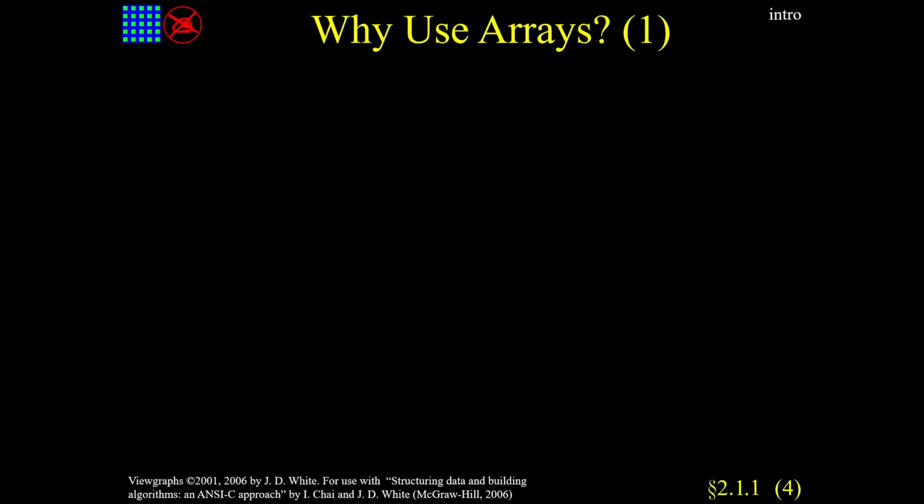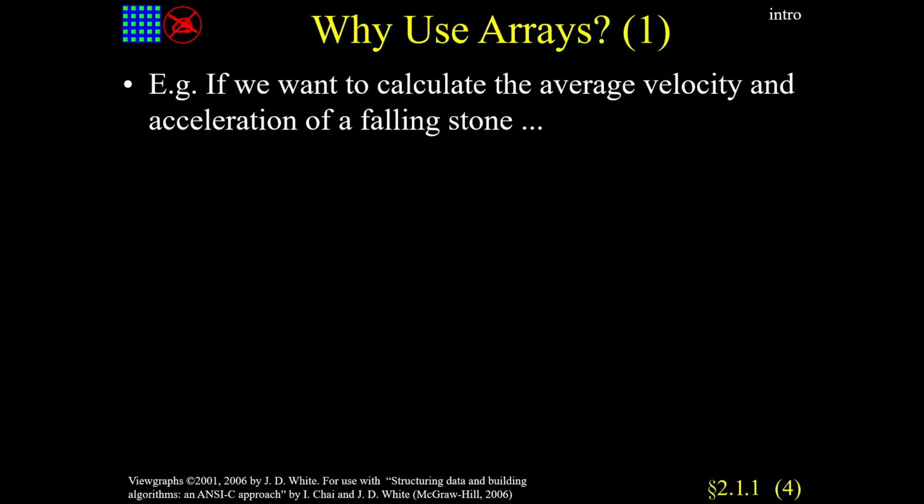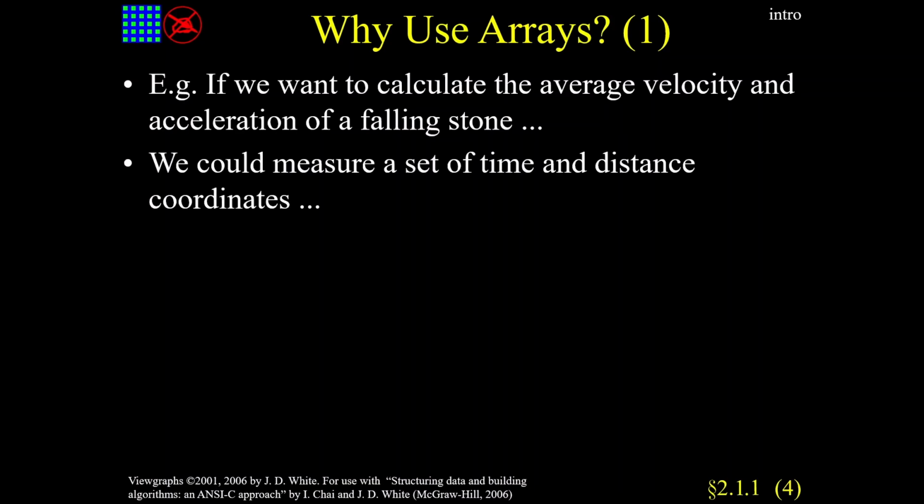So why do we want to use arrays? Arrays allow us to store a lot of related information together. For example, with velocity and acceleration, we could use an array to hold all the time and distance coordinates together. Then we could go T1, D1, all the way up to Tn, Dn.